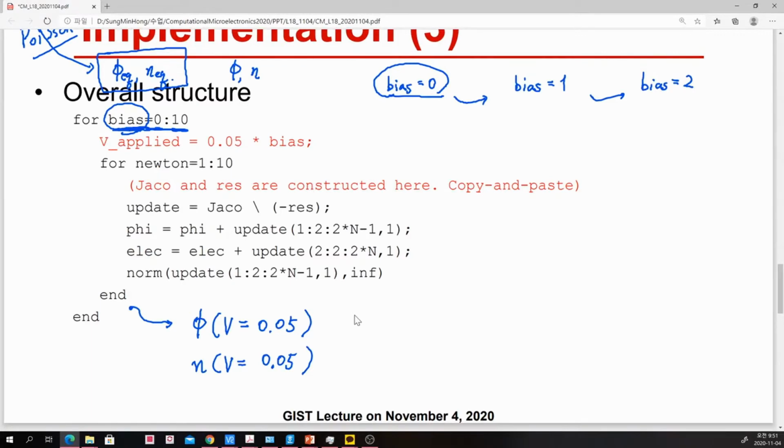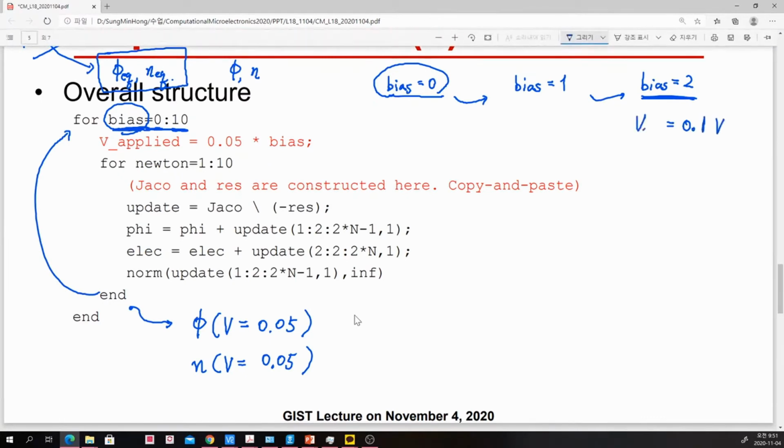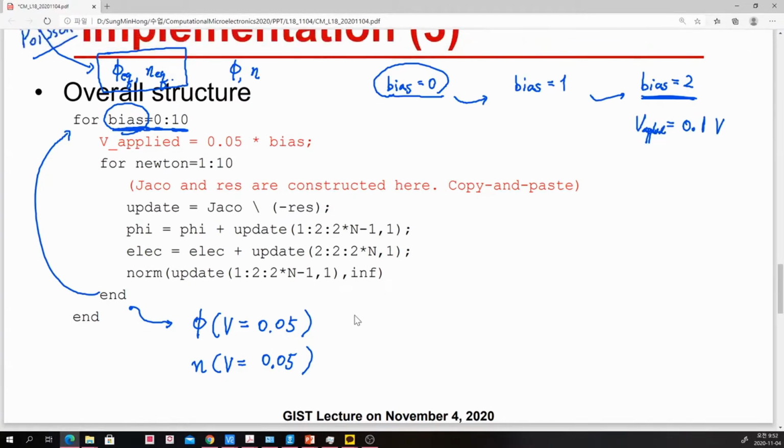Then you go to this loop and your bias index now becomes 2 and applied voltage now becomes 0.1 volt.